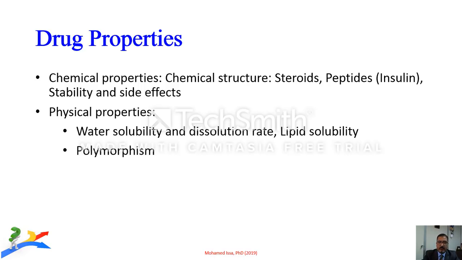Amorphous forms have no real definite shape. The bonds between the molecules in these structures are not that strong, and this is very important because water can penetrate easily and break down these bonds. So drugs in the amorphous form can dissolve very quickly, and we call it a fast dissolution rate.